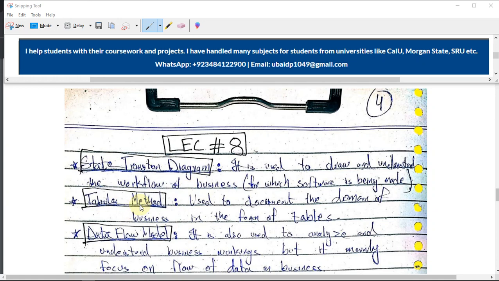Like if your client has sent you their working of the system in a long paragraph form, it will be really useful to convert that paragraph into a tabular form, so that all of the team members can just focus on the things they want, because in the paragraph there will be so many things and there can be vagueness also.